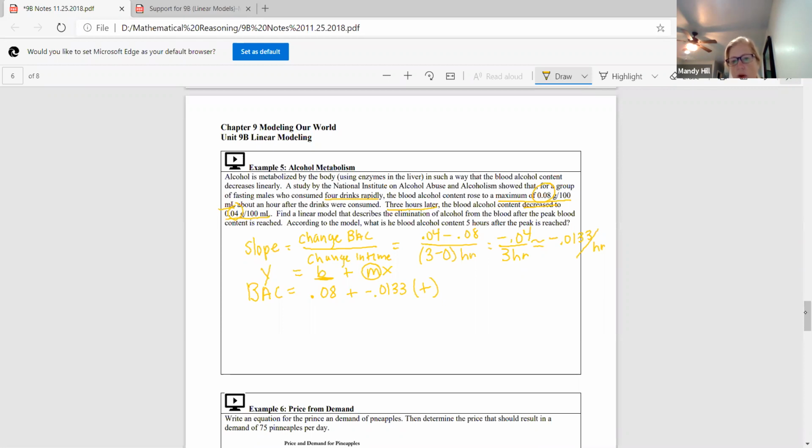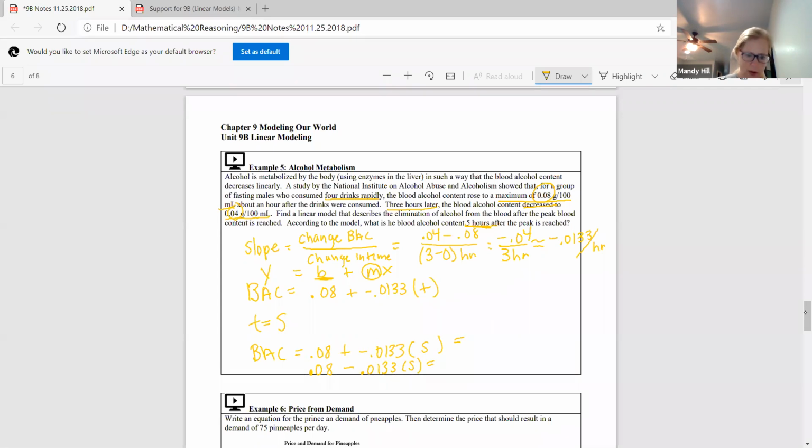If you wanted to know specifically 5 hours, so if T is equal to 5, the blood alcohol content is going to be 0.08 plus negative 0.0133 times 5. Most people are not going to put plus or minus here. It's just minus. They both would get you the same answer, but I just want to point that out because it's not really normal to see plus and minus in an equation.